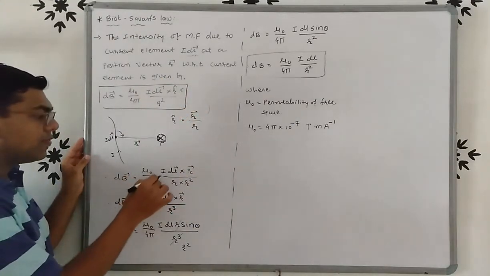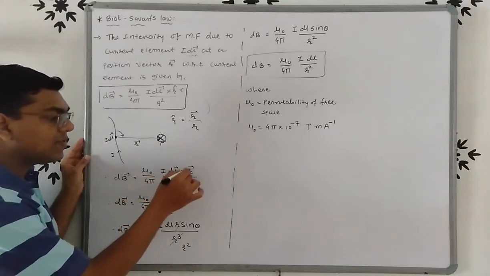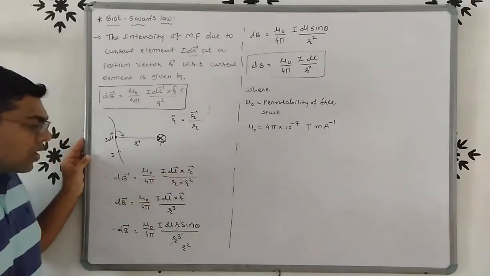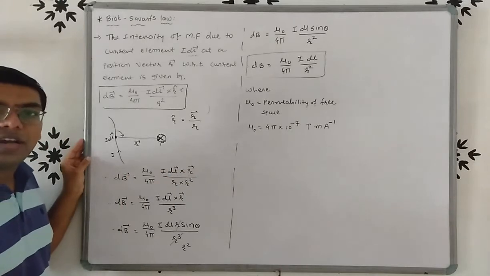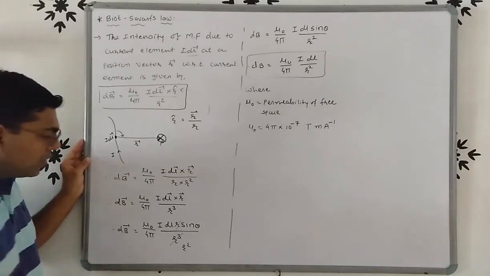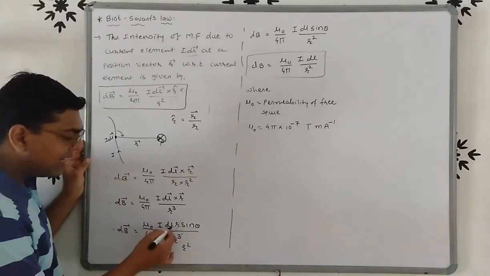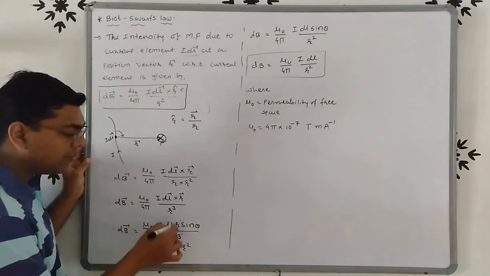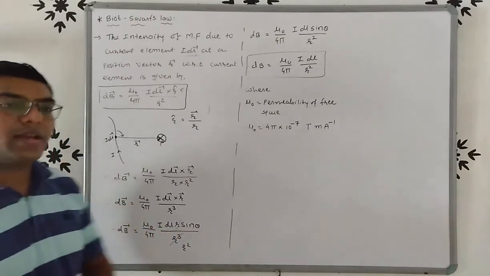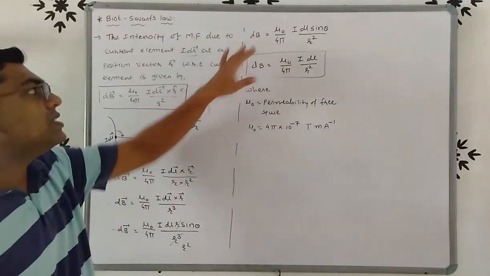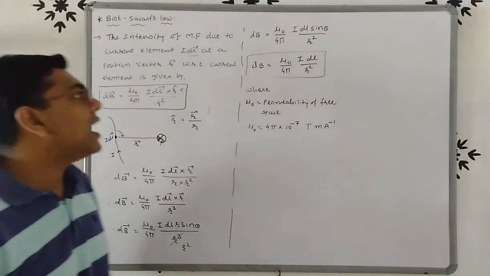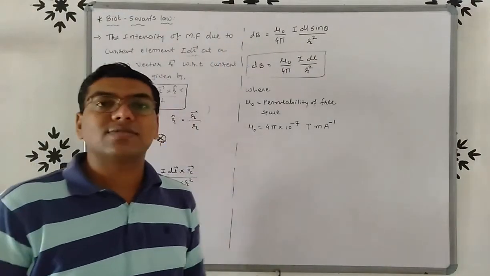So mu 0 by 4 pi I vector dl cross vector r upon r cube. We know the vector product between two vectors, so mu 0 by 4 pi I dl r sin theta upon r cube. One r cancels, so r square remains. So magnetic field dB is equal to mu 0 by 4 pi I dl sin theta upon r square.